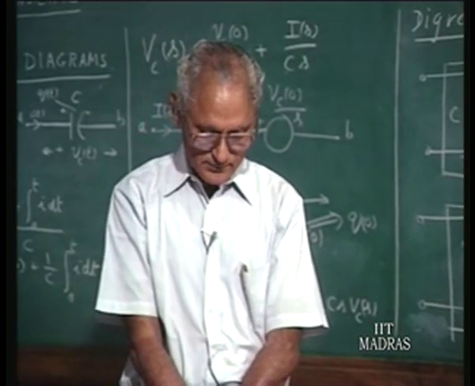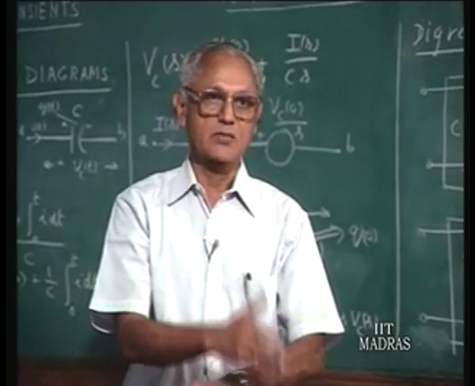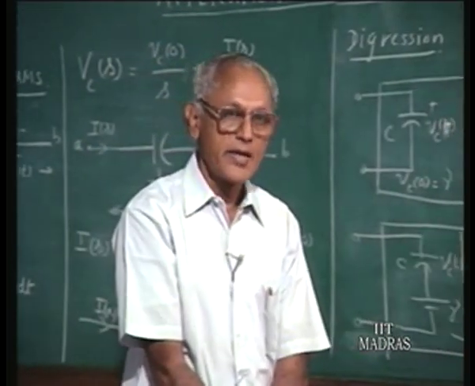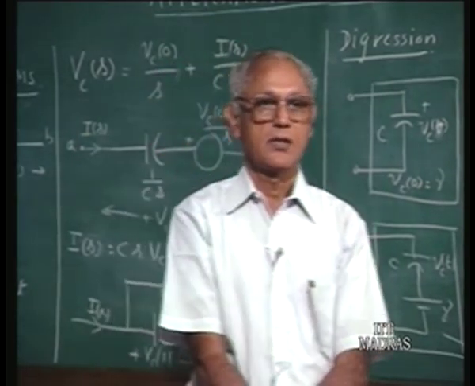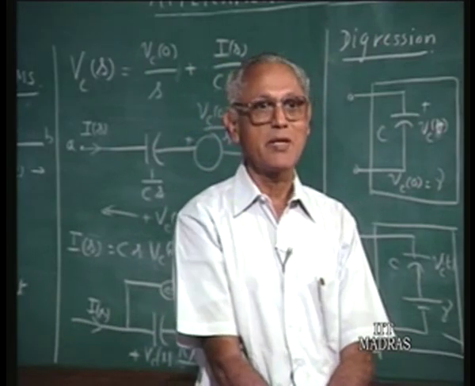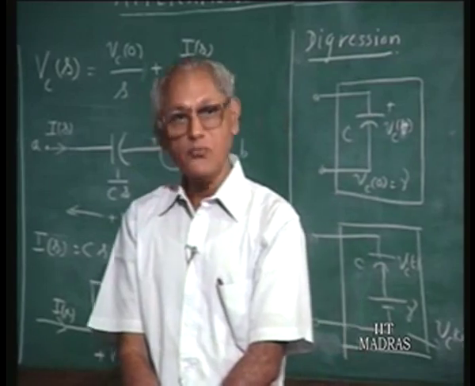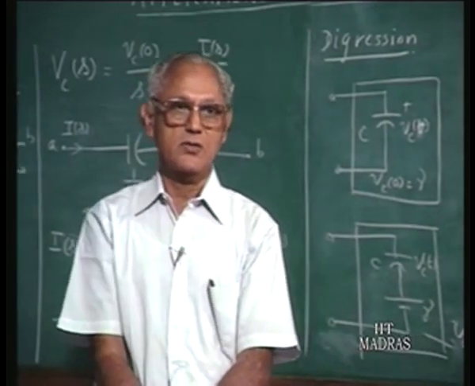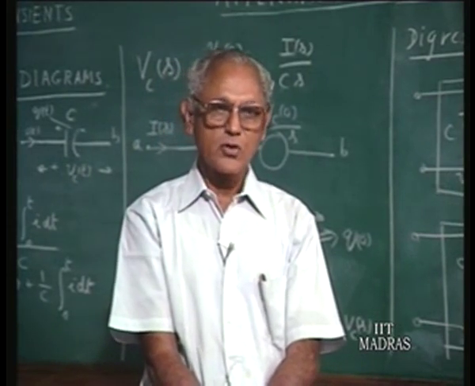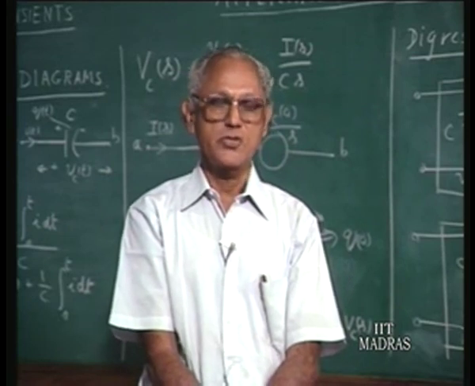After having said that, we know that in transient problems some switching takes place, let us say at t equals 0, and we are given, or at least we can find out, the conditions in the circuit before the switching operation takes place. That means 0 minus conditions are known to us in most of the situations. Therefore, it will be convenient for us to substitute 0 minus conditions, and the solution that we get will include the transition between 0 minus to 0 plus.